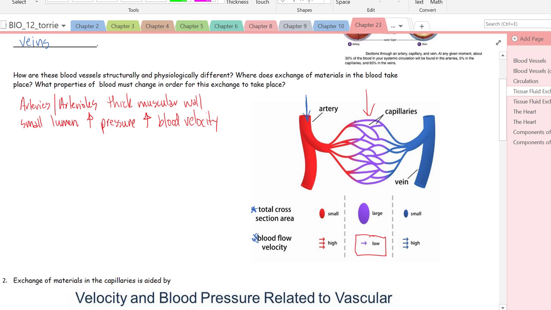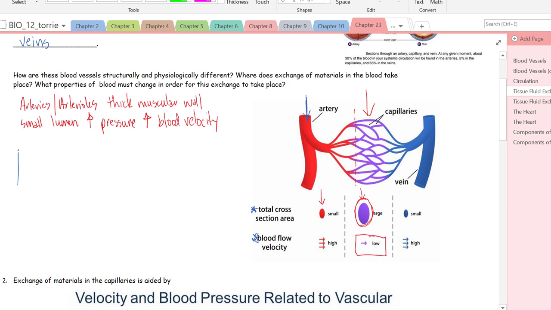And it has to do with the fact that if we were to look at the cross-sectional area of all of the capillaries collectively, the actual cross-sectional area of all the capillaries collectively is significantly greater than the collective cross-sectional area of the arterioles leading in. And with this increased space comes a decrease in pressure and a decrease in blood velocity.